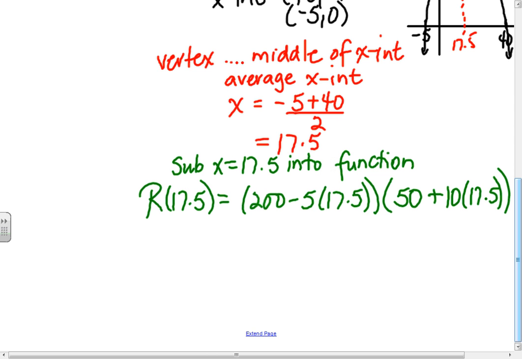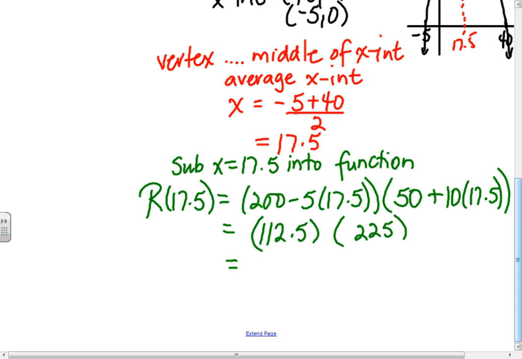17.5 times. All right, 200 minus 5 times 17.5 is 112.5, times 50 plus 10 times 17.5 is 175 plus 50, 225.